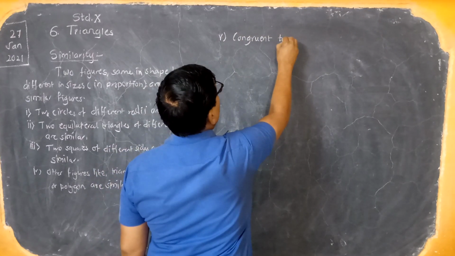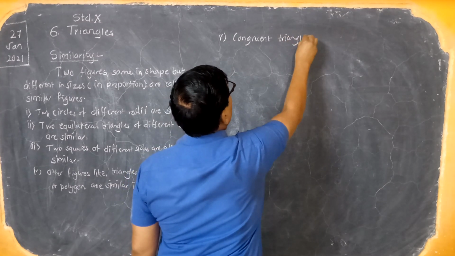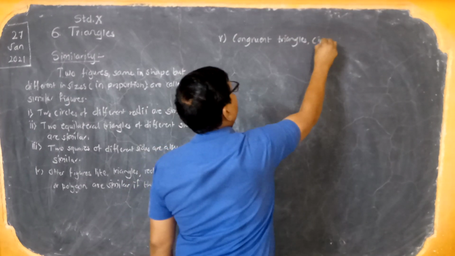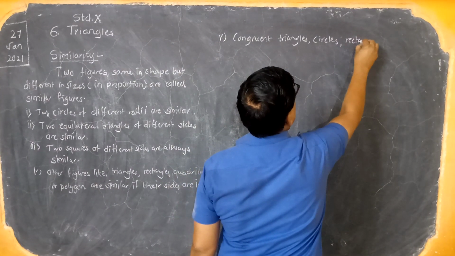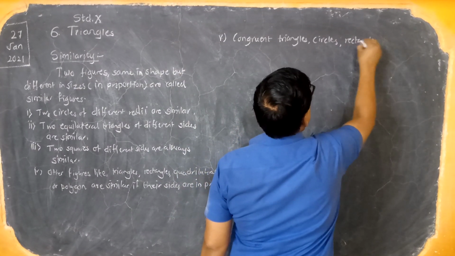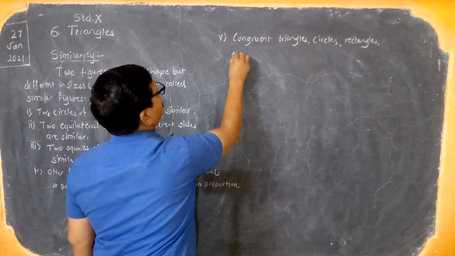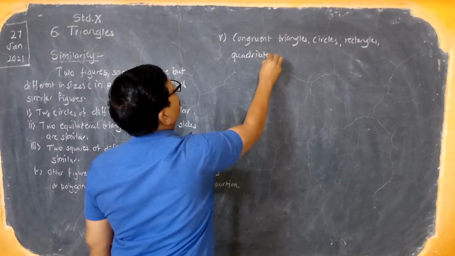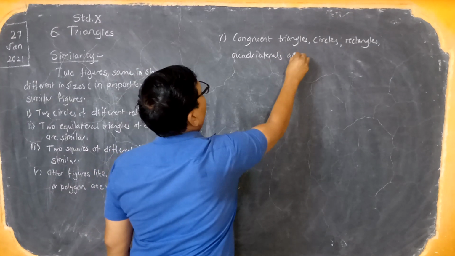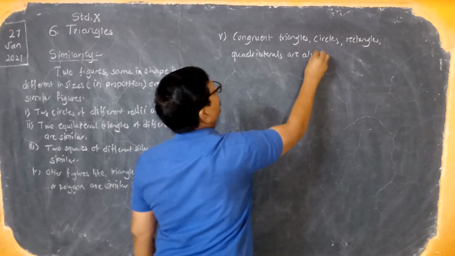Congruent triangles, circles, rectangles, quadrilaterals are always similar.